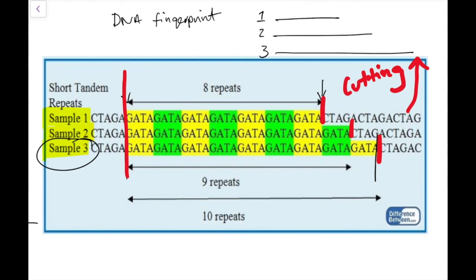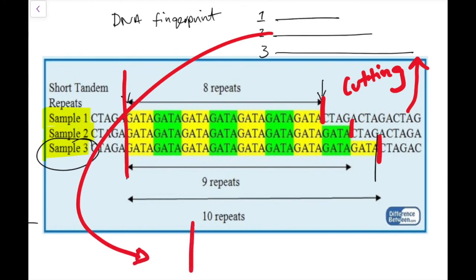And then what they can do is they can separate the strands using gel electrophoresis. They put these samples from each person, and a bit like chromatography, all the samples start at one point and they run them out.